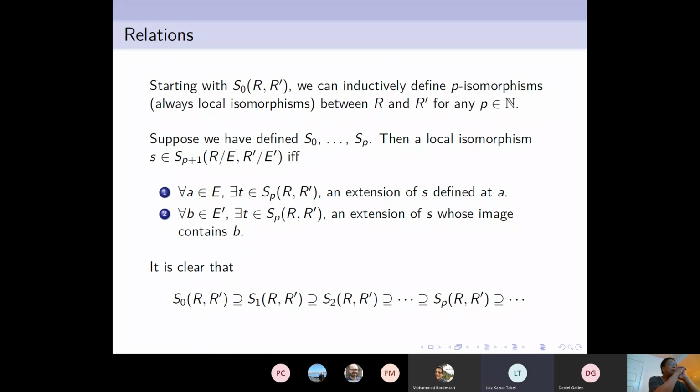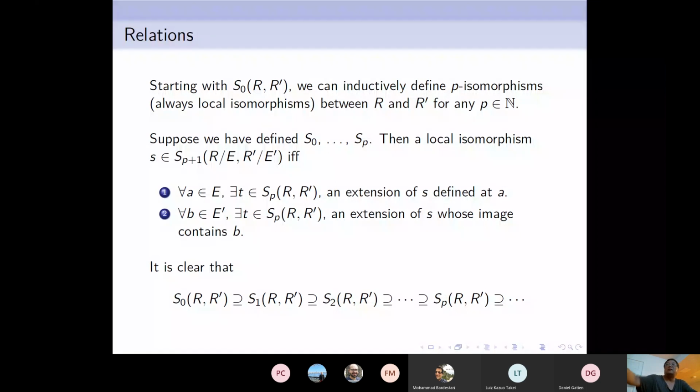But isn't that the definition of S0? Yes. This one belongs to S0, but it satisfies more requirements.